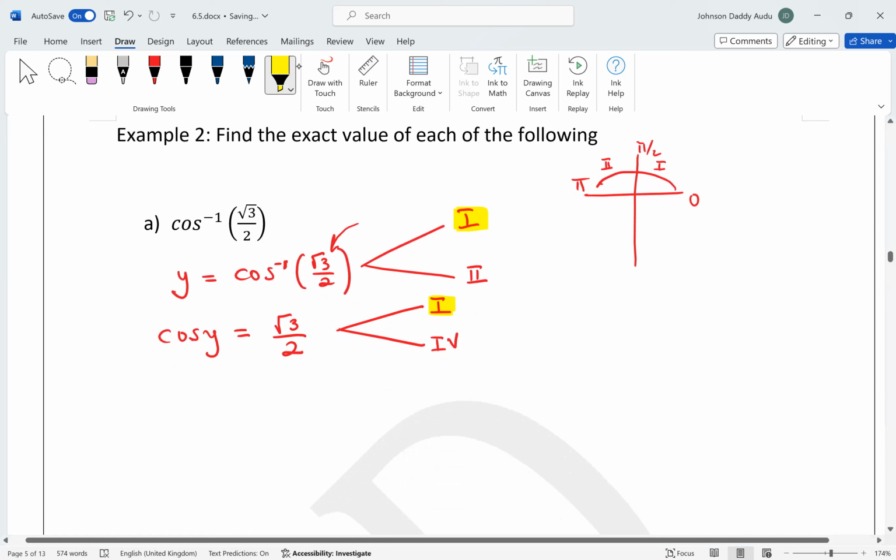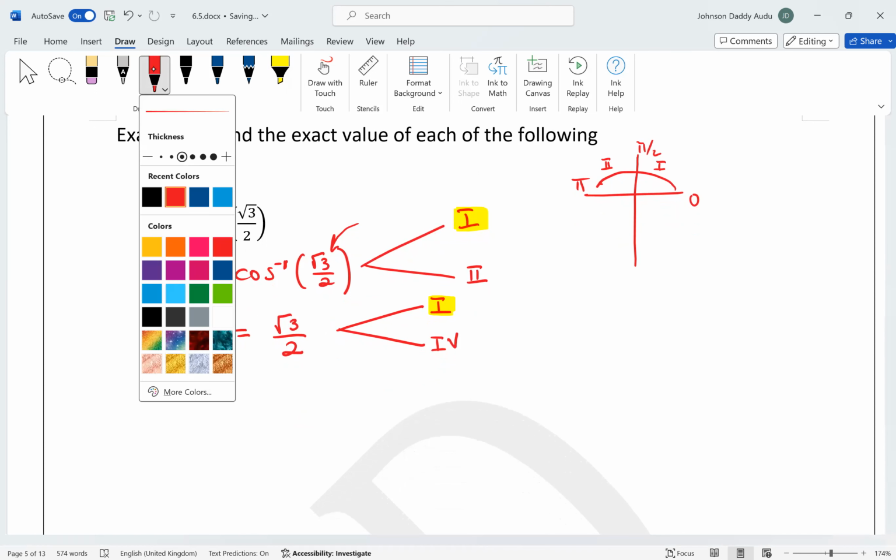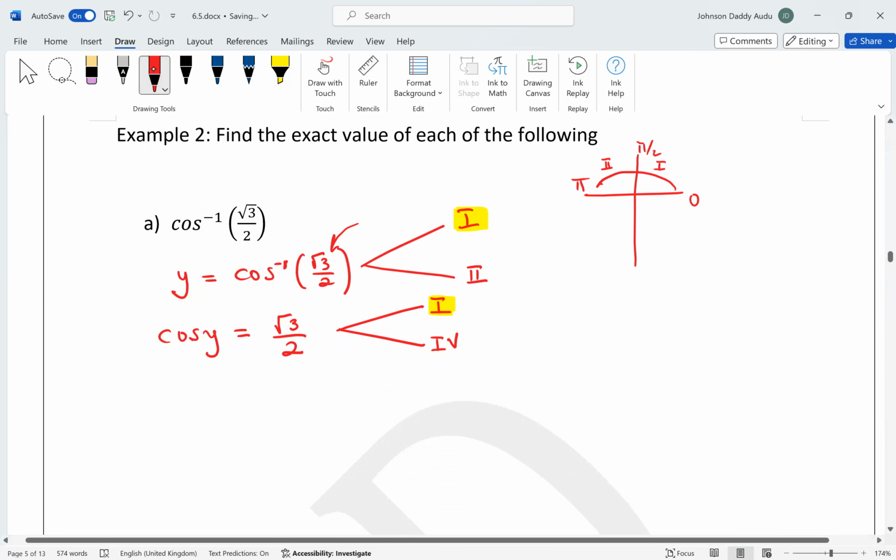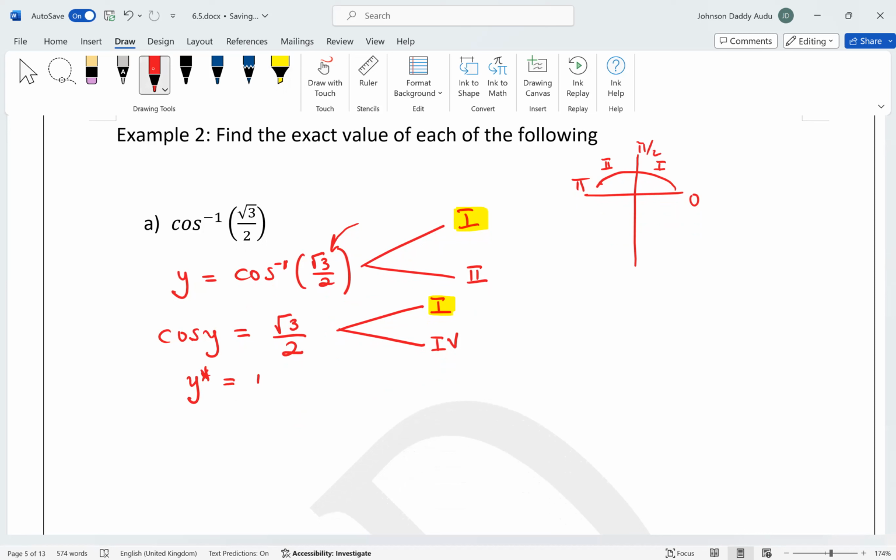Now we need to find y star. So our y star is going to be an angle in the first quadrant whose cosine is root 3 over 2. You can get it from cosine of 30, which is pi over 6.